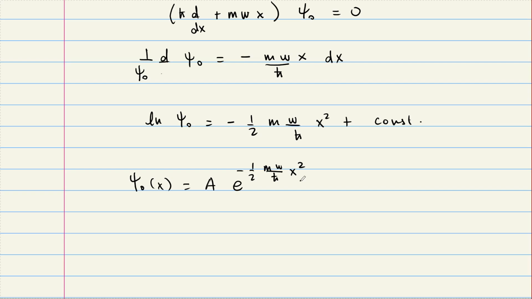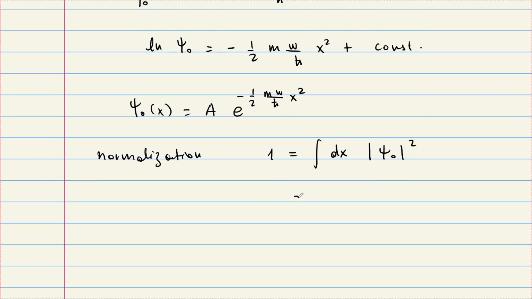And now how many people can normalize this function? Okay, let me do it quickly then. Normalization: 1 is equal to the integral dx of psi 0 squared.